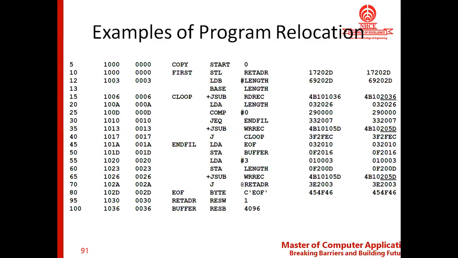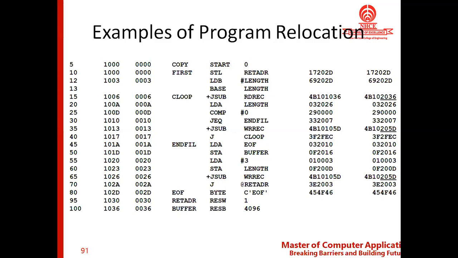In byte 1, we can store the object code 4B in location 0006. In the second byte, location 0007, we can store the object code value 10. Similarly, in location 0008, the third byte, we store 10 from the object code.